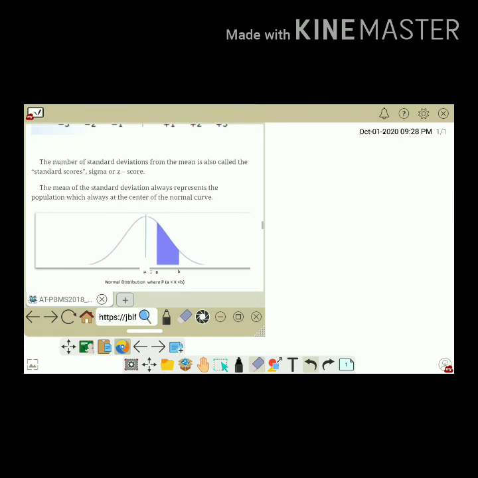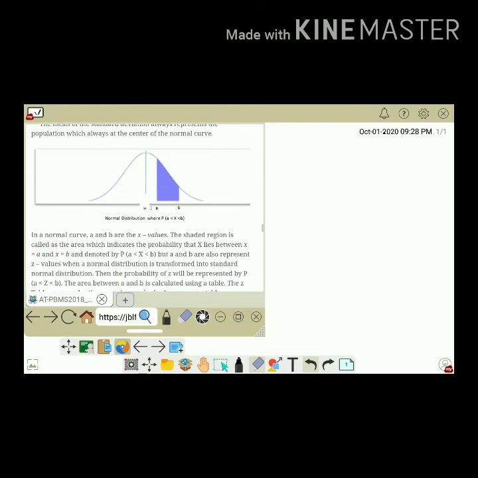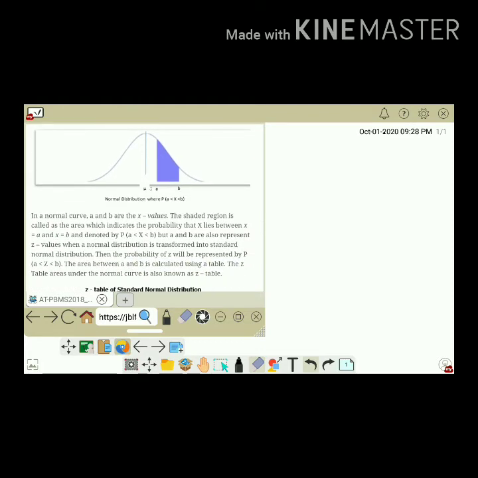Okay, next. So here I've given you an example for x equals a and x equals b. If there are given z values, which is two values, determine the area between. For example, we have here this one.